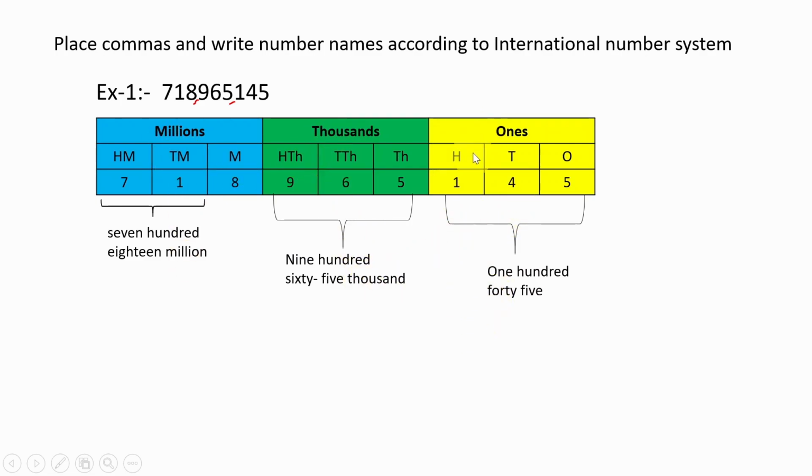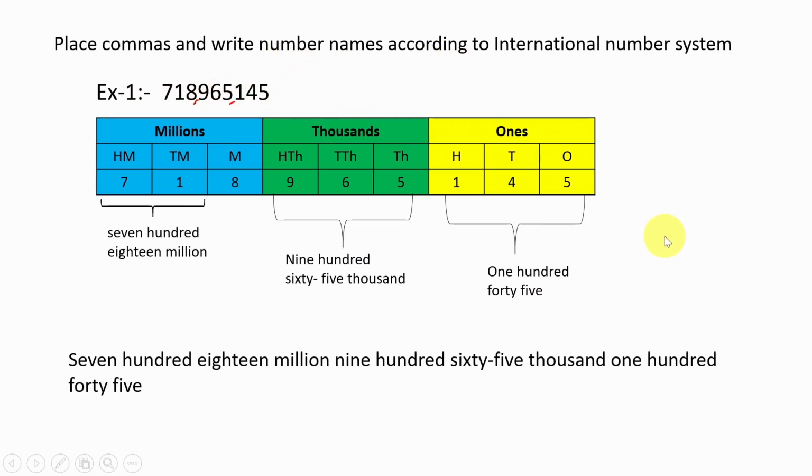And last one is 145. Like this we have to write the number names. See, add all of these and you will get the right number name of this numeral. 718 million, 965,145. Got it?